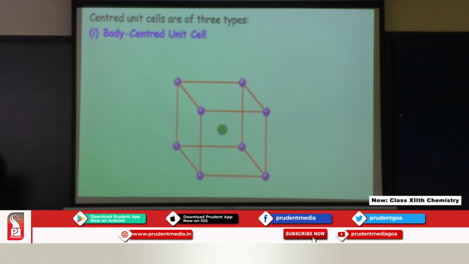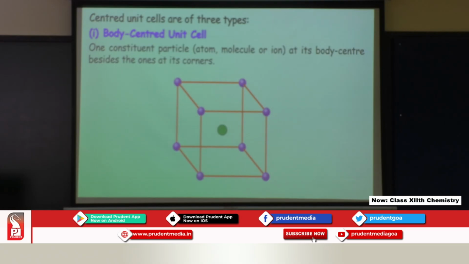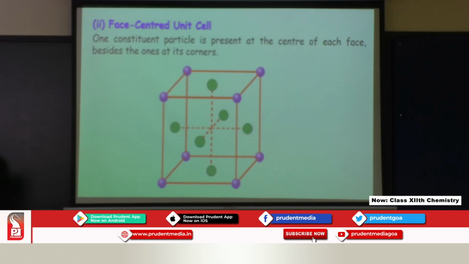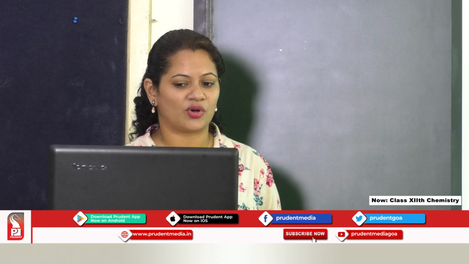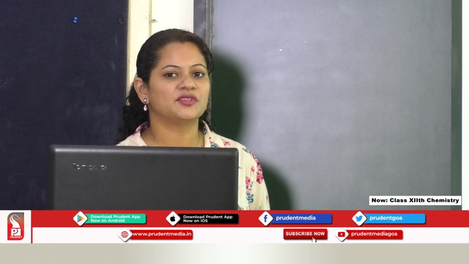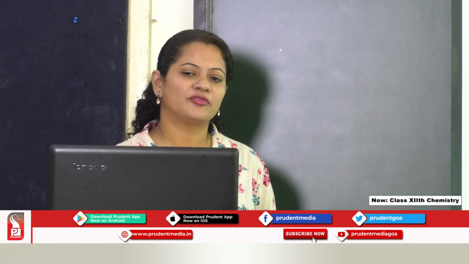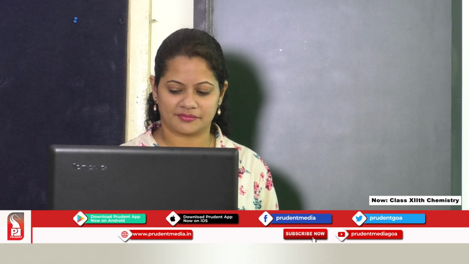Now let us look at this one. A body-centered unit cell has, as usual, 8 atoms at its corners along with 1 atom which is present at the body center of the cube. This is highlighted in green on the figure. A face-centered unit cell has 8 atoms which are present at its corners along with an atom which is present at the center of every face of the cube.